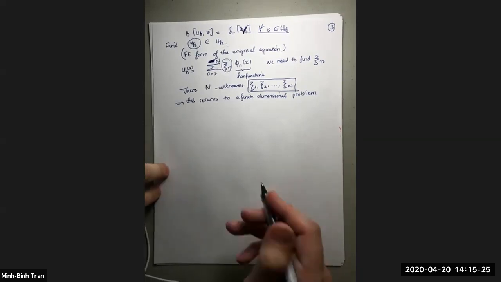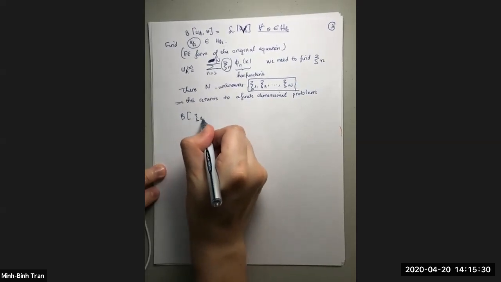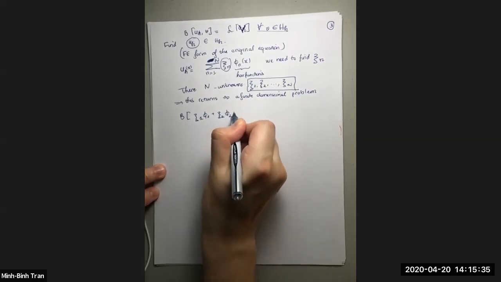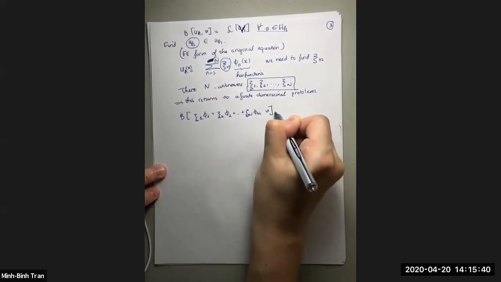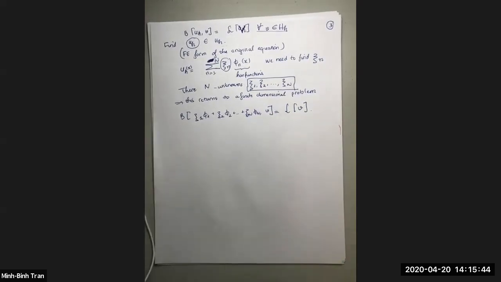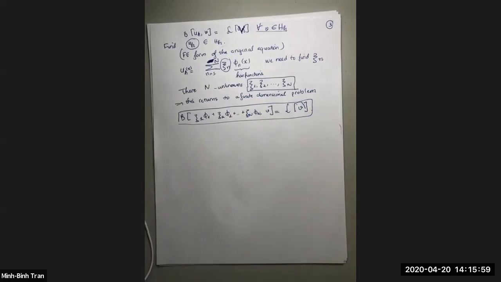Now I have to find B of (C1 V1 plus C2 V2 plus ... plus C_N V_N, V), and this is equal to L(V), all right? So how can I solve this system of N unknowns?